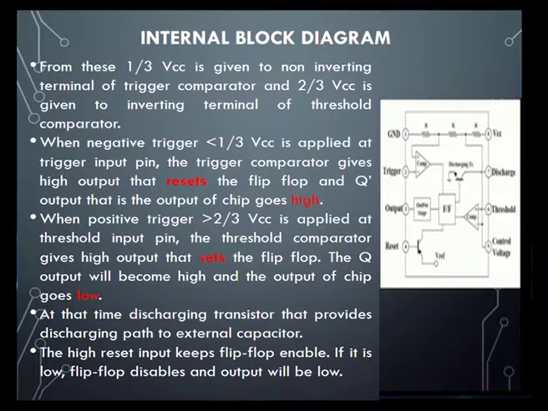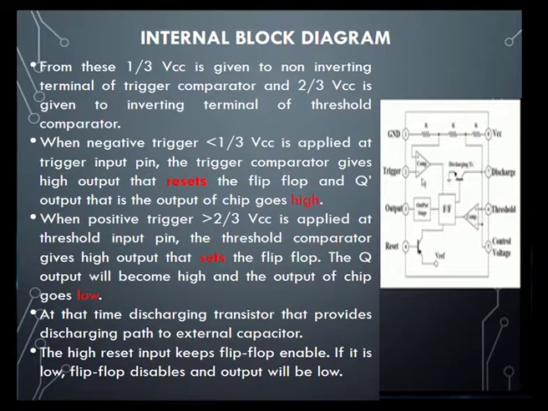So, next we move on to the internal block diagram. As we already discussed, the internal block diagram consists of 2 comparators. One we call the trigger comparator and the other we call the threshold comparator.